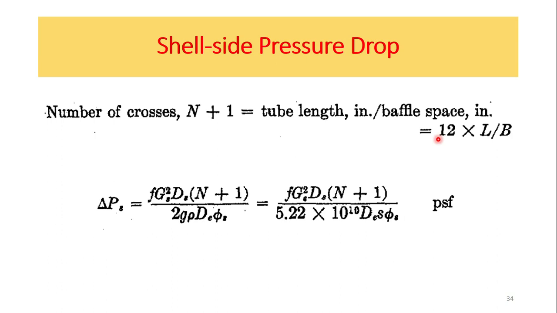After using this, you have to determine the shell side pressure drop. Everything is given right from here: the friction factor, mass velocity, the shell side equivalent diameter, and the number of crosses of the shell side. You have to use this formula for the determination of the shell side pressure drop.